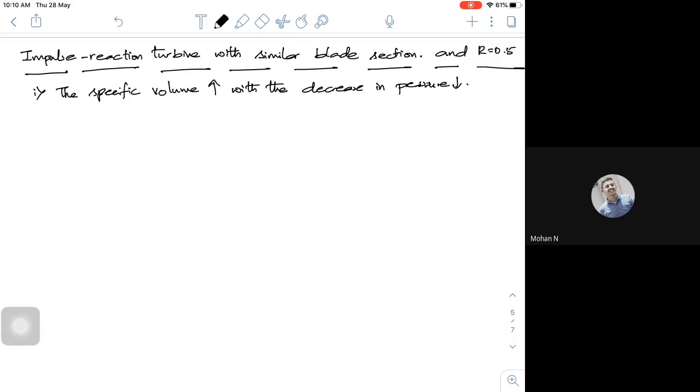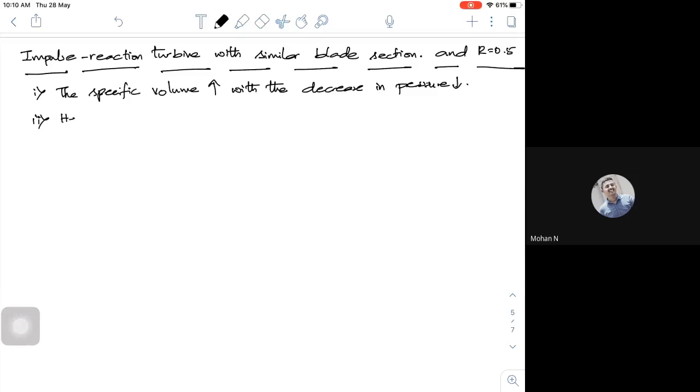Whenever the pressure drops, that means it's expanding. So corresponding to that, I could see that the specific volume is going to increase. Here's one thing.